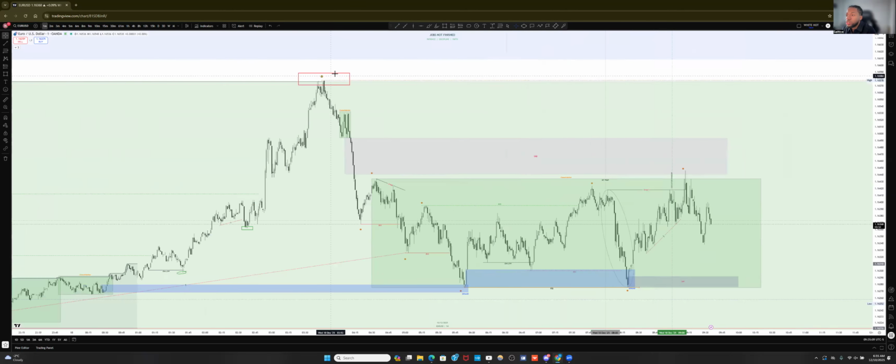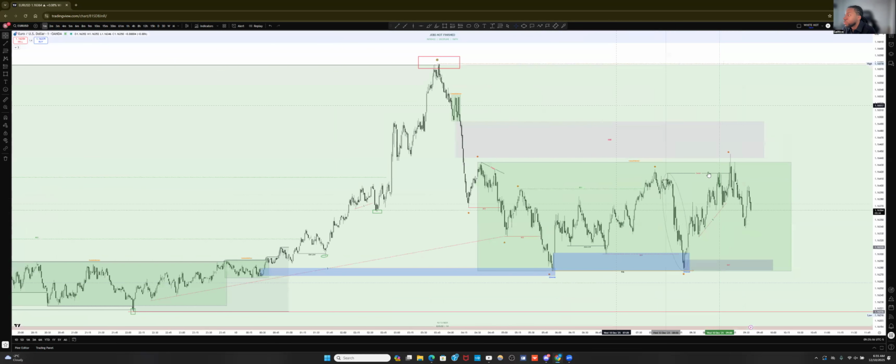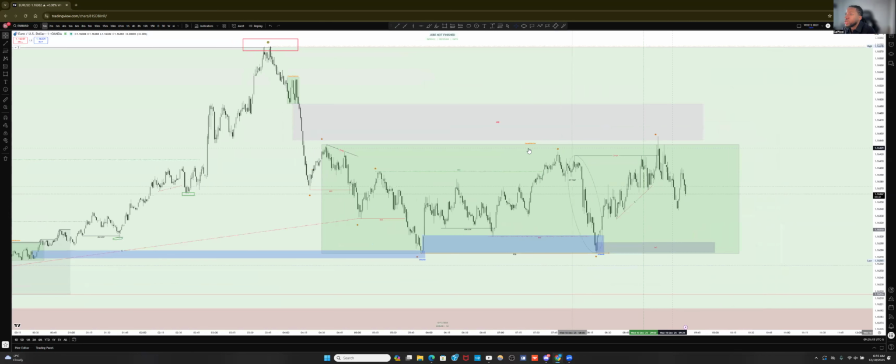Okay, so let's see what happened here. All this liquidity that we just saw was induced. The high of it was induced. This entire build up was induced by the sellers to show control once again.